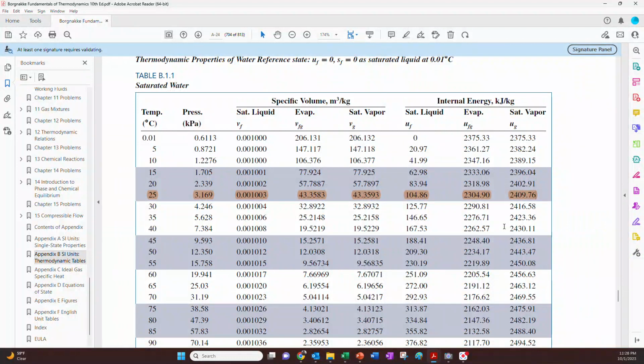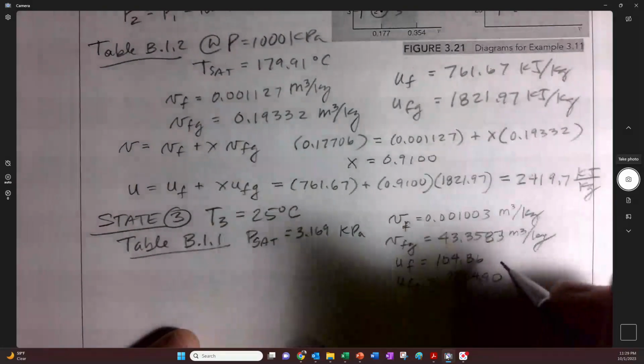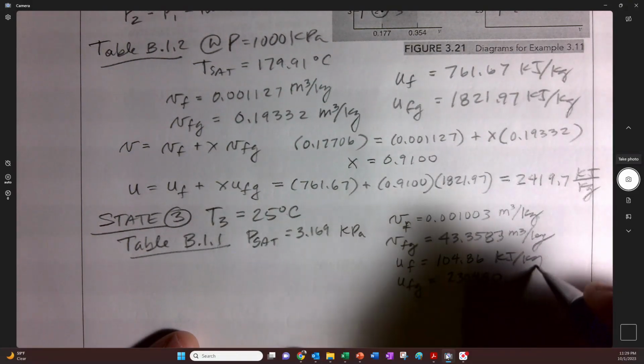And then the VFG is a large 43.358 per kilogram. And we're going to want to know the U's too, so I'm going to write that down. UF is going to be 104.86, and UFG is going to be 2304.90. It was a really exciting video, me writing things down while you stare at it. And these are kilojoules per kilogram.